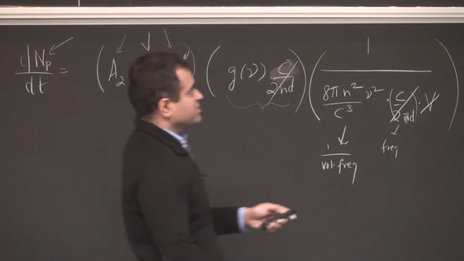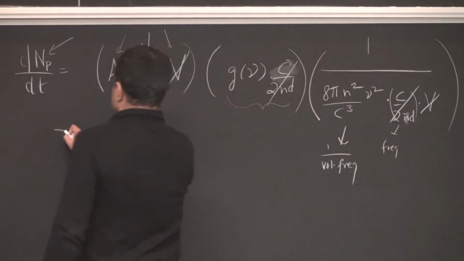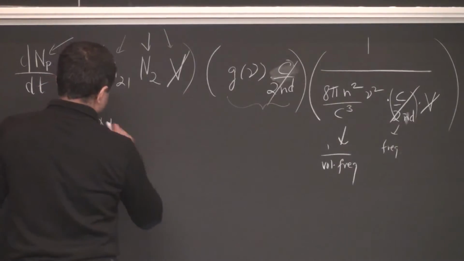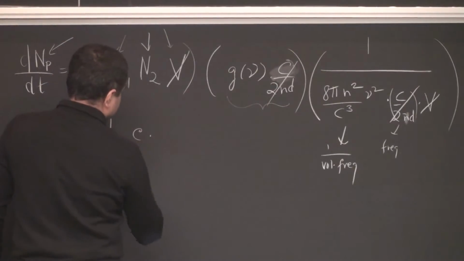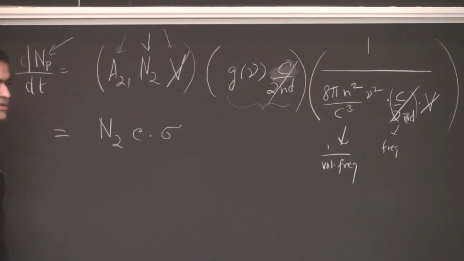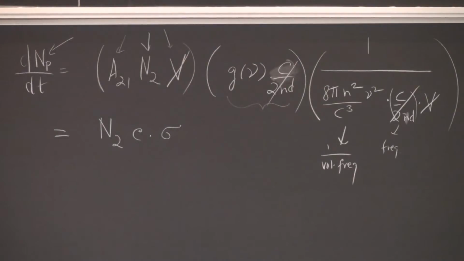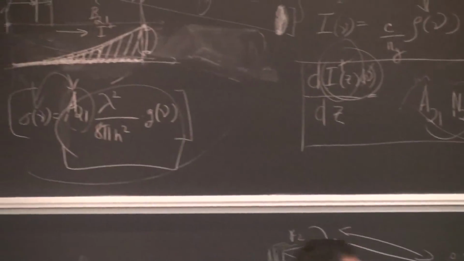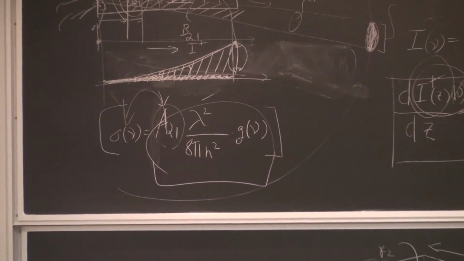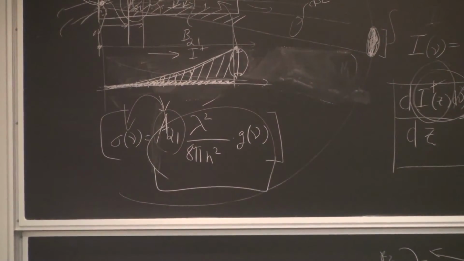So that's your spontaneous emission, and you can reclub it all and write it very nicely in N2 times the speed of light times your cross section that we have talked about earlier. And the cross section is just what we have written in the last thing here. You can see this just emerges by this combination of here and here. They just combine and give you that process.